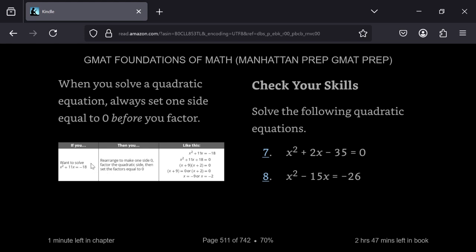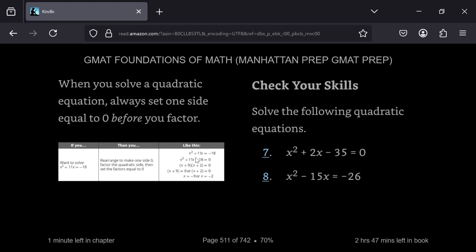Now this table here, if your screen isn't too big, you might not be able to read it very well, but I think it's still somewhat readable. It says here, if you want to solve x squared plus 11x equals negative 18, then you rearrange to make one side 0, factor the quadratic side, then set the factors equal to 0.